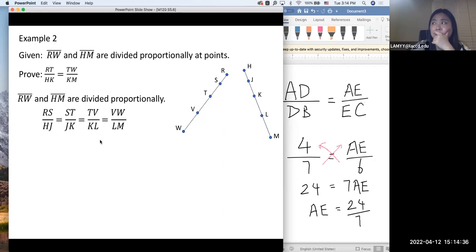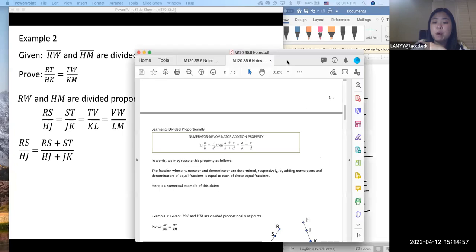So RS over HJ equals, adding up the numerators and adding up the denominators, RS plus ST over HJ plus JK.